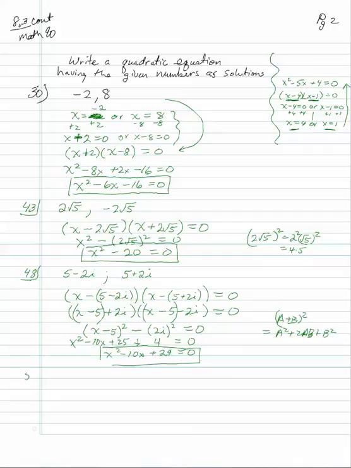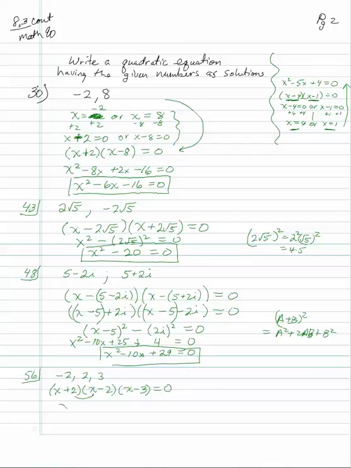And then you can extend this with 3 terms too. So if we look at 56, we got negative 2, 2, and 3. So we're going to go to x minus negative 2, which is plus 2, x minus 2, x minus 3. Okay, so I'm going to multiply the first 2.